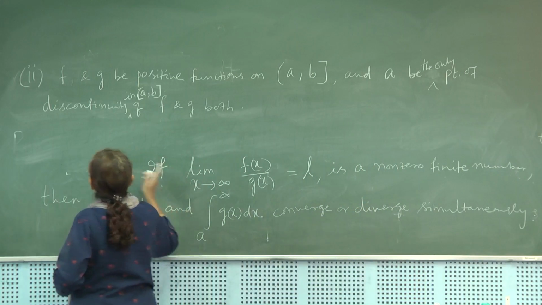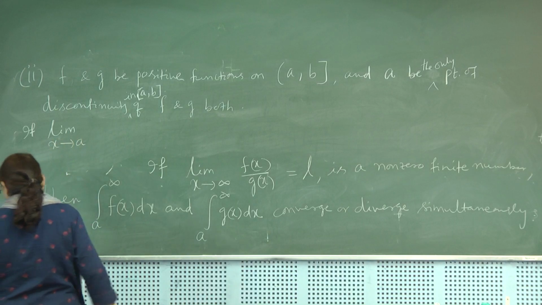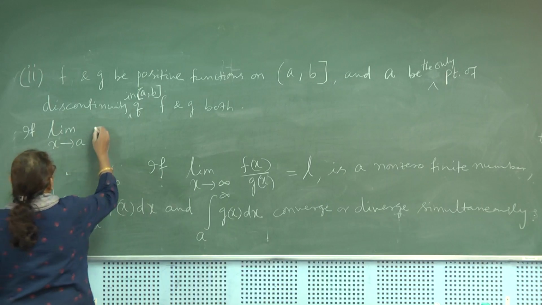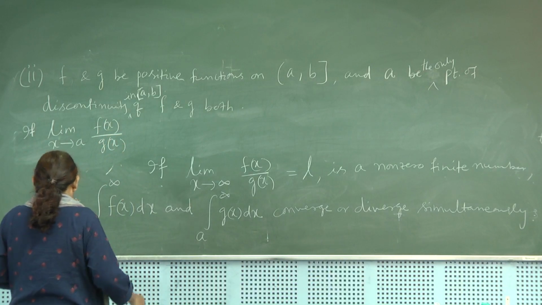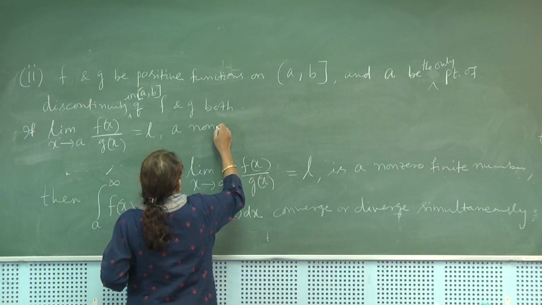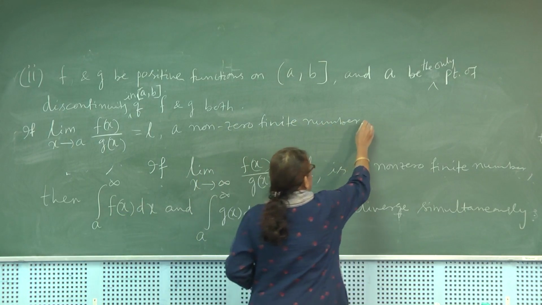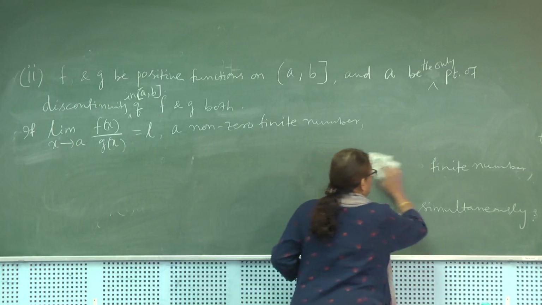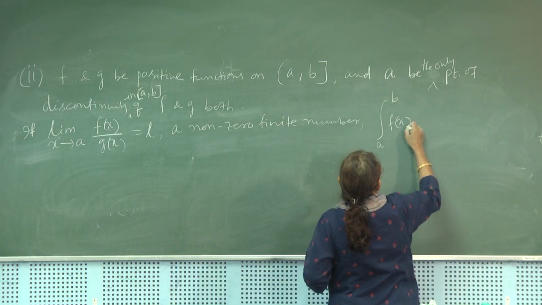If the limit as x tends to A, where A is the only point at which f and g have a discontinuity or are unbounded, of f(x) by g(x) equals L, a non-zero finite number, then the same conclusion holds for the type 2 improper integral from a to b of f(x) dx.